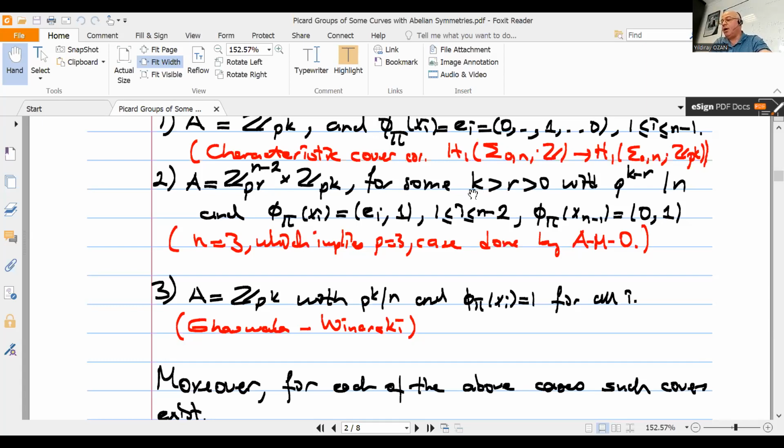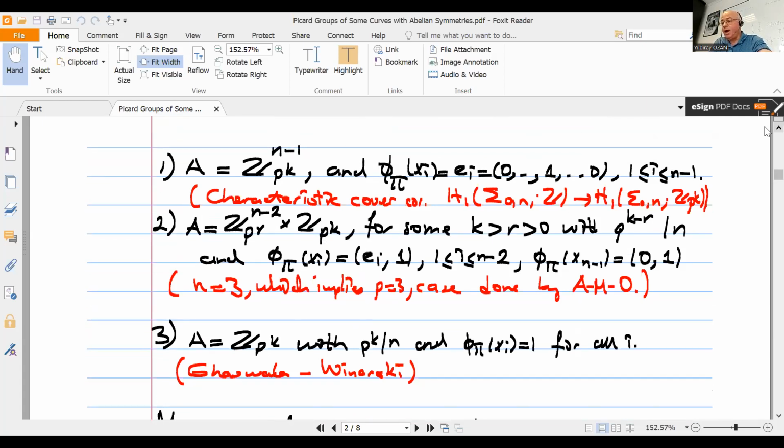Here k and r are positive integers where k is strictly larger than r, and p to the power k minus r must divide n, and the homomorphism which describes the covering space should map xi's, the distinguished generators of homology of the base, to these elements.